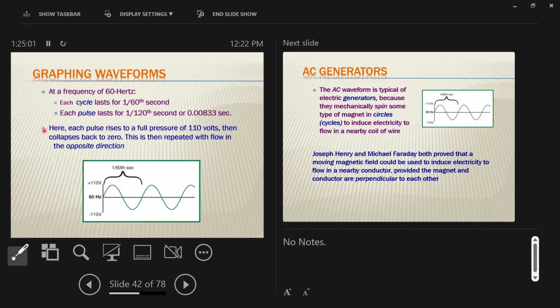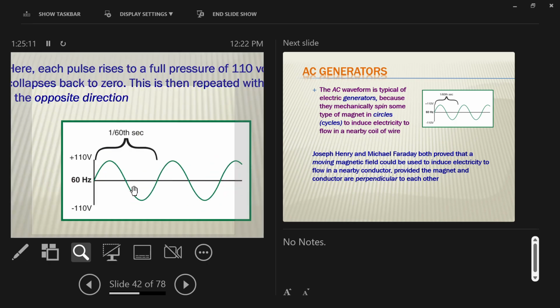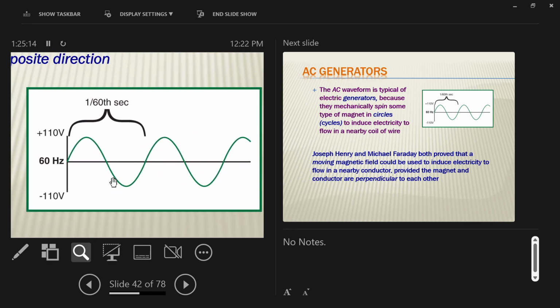Okay, so in our household AC current, it's an alternating waveform. Each pulse rises to a full pressure of 110 volts. But what you should notice is, so a couple things. The distance between crests of a wave, between common points on any wave, you can measure the distance from here to here, right?